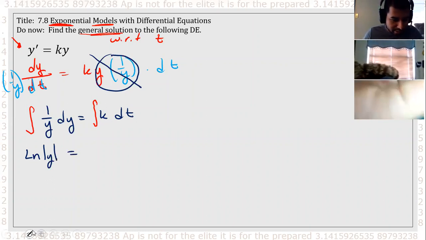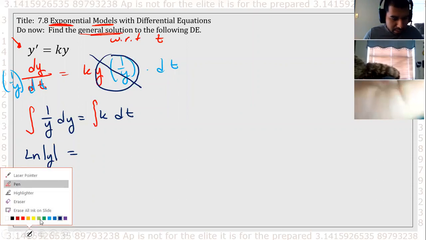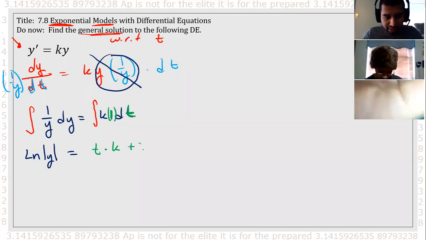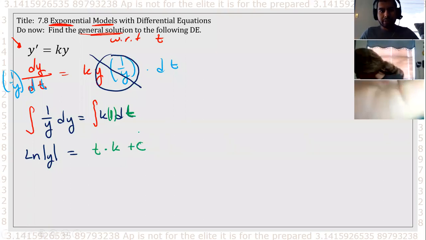That looks hard, but keep in mind, what is the variable I'm working with? It is t. I don't see anything here, so I should assume there is a 1. If I integrate 1, I just have t times whatever this was, this k. Don't forget your c. Any questions so far?